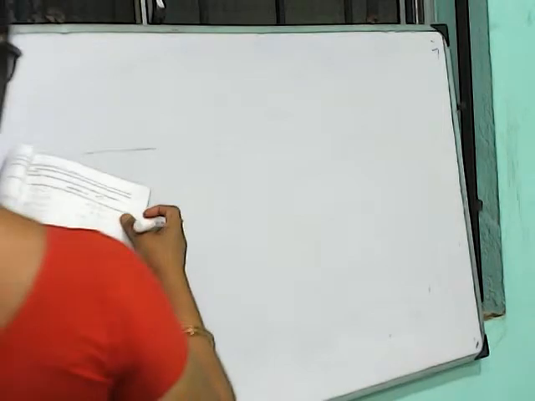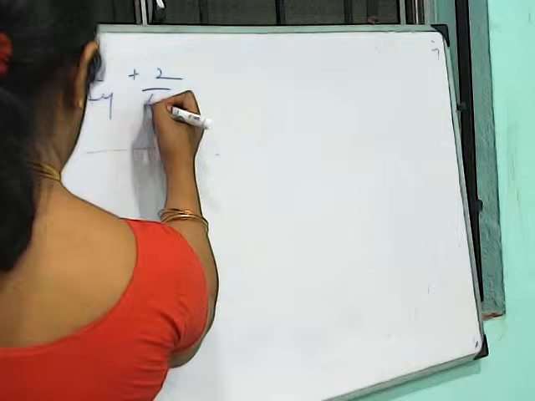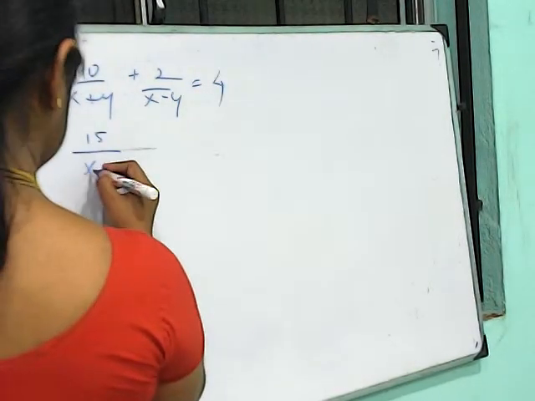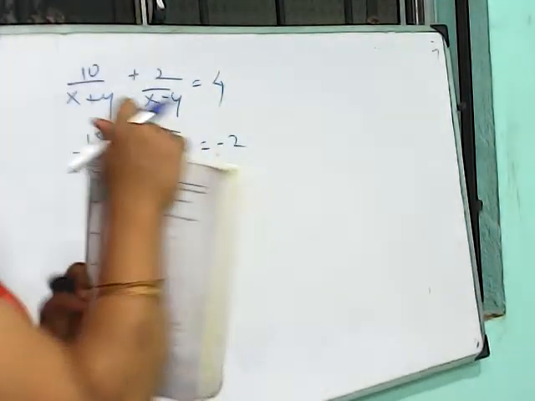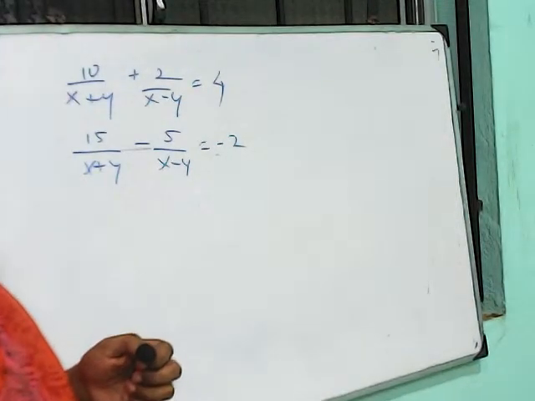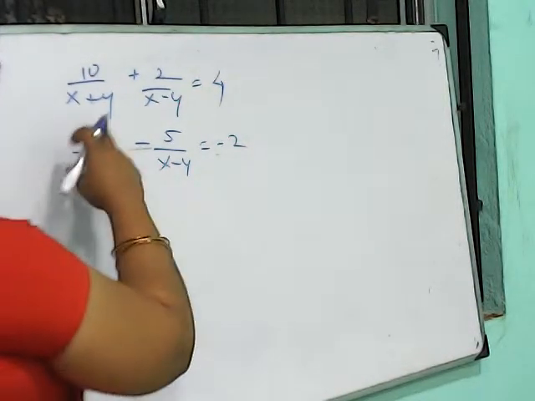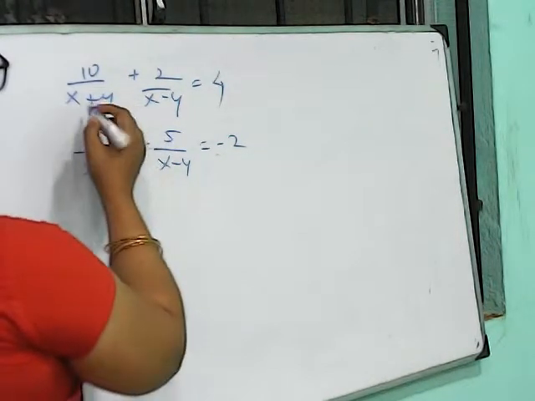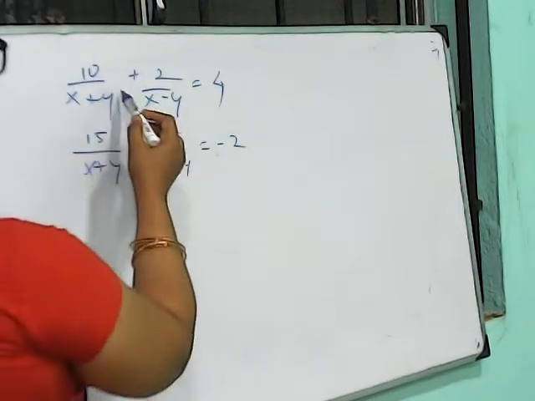Look at this. 10 by x plus y plus 2 by x minus y is equal to 4, and 15 by x plus y minus 5 by x minus y is equal to minus 2. Given a problem like this, what should we do first? This is not normally in the linear equation model. So first, to bring it to a linear model, we will substitute.